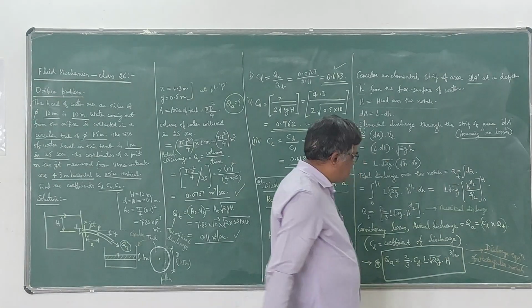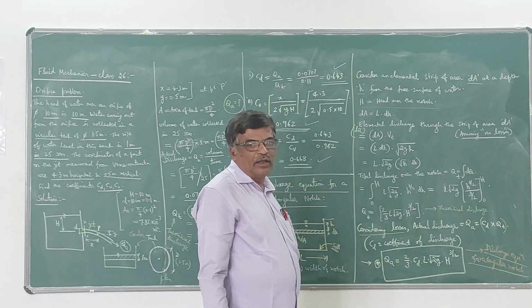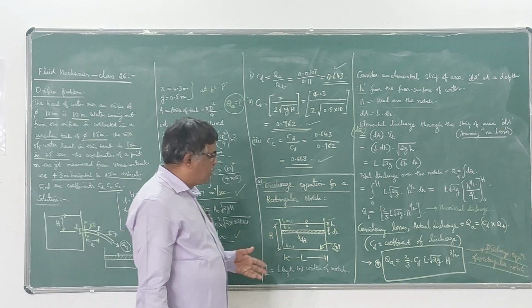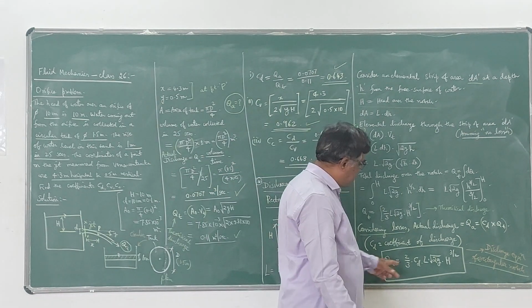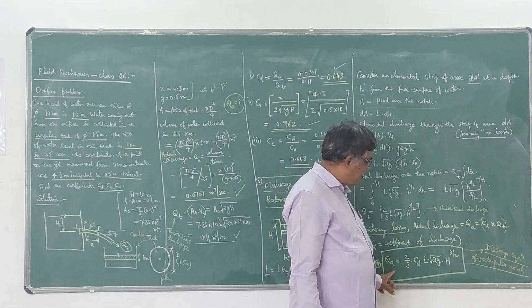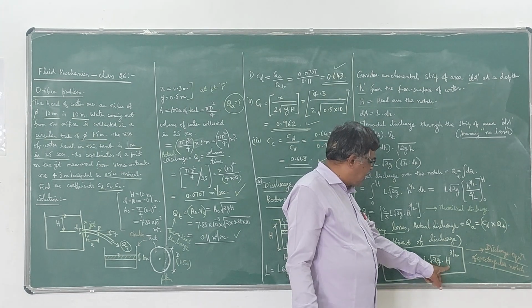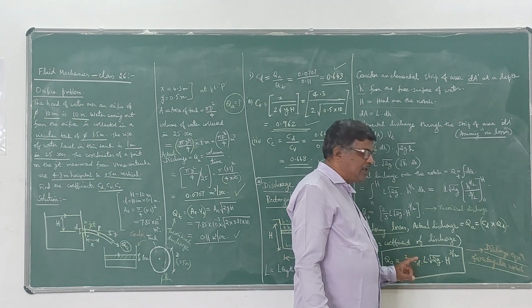So you have to remember this formula, because if a problem is given, you should be in a position to substitute and simplify. To find the discharge, we need the value of L, that is the width of the notch, the head over the notch, and the CD value.